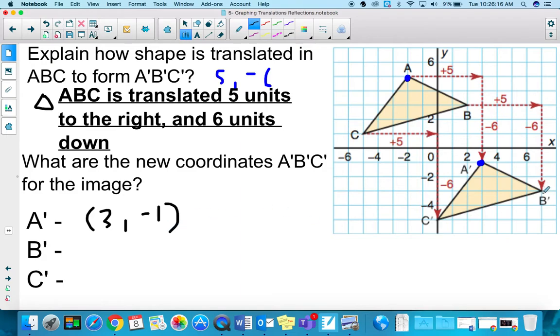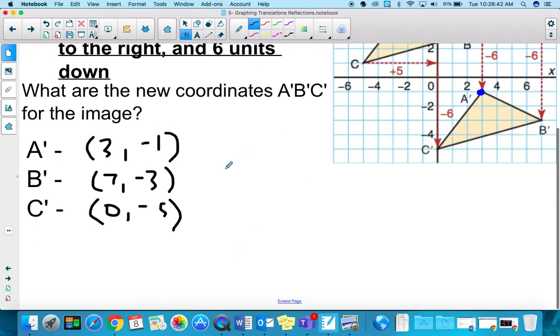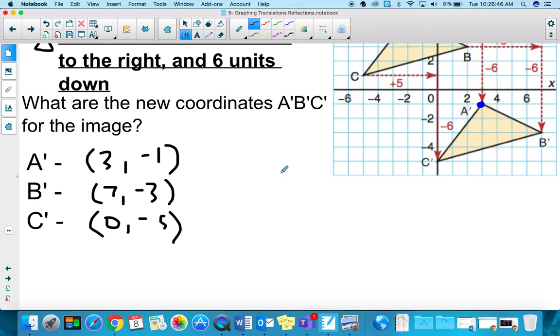Let's go to B prime. It's 7 on the x-axis, and then -1, 2, 3, and then a -3. And then on C prime, it doesn't go left or right from the origin, so it's 0, and then -5 on the Y. So for the coordinates, here's all the ordered pairs. Okay? That's how you write them.